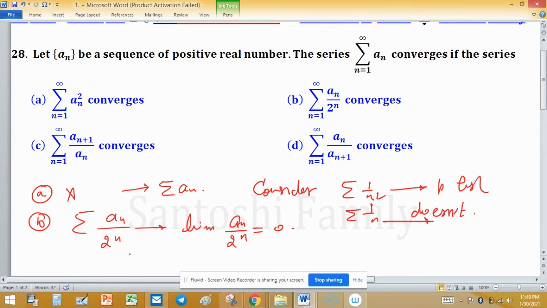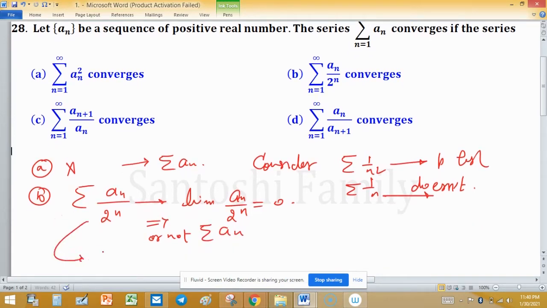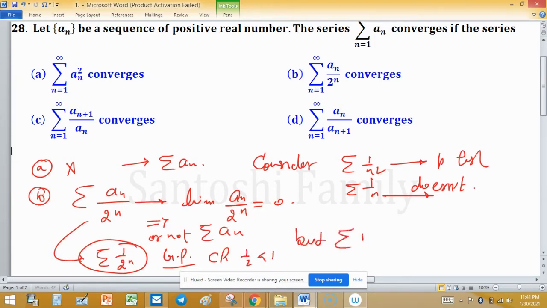Now this does not imply convergence of a_n. Consider a_n as 1, so this is summation 1 upon 2 raised to the power n. This is convergent because it is a geometric progression with common ratio half, less than 1. So this is convergent, but the series of a_n is not, because a_n equals 1 and this is not convergent.